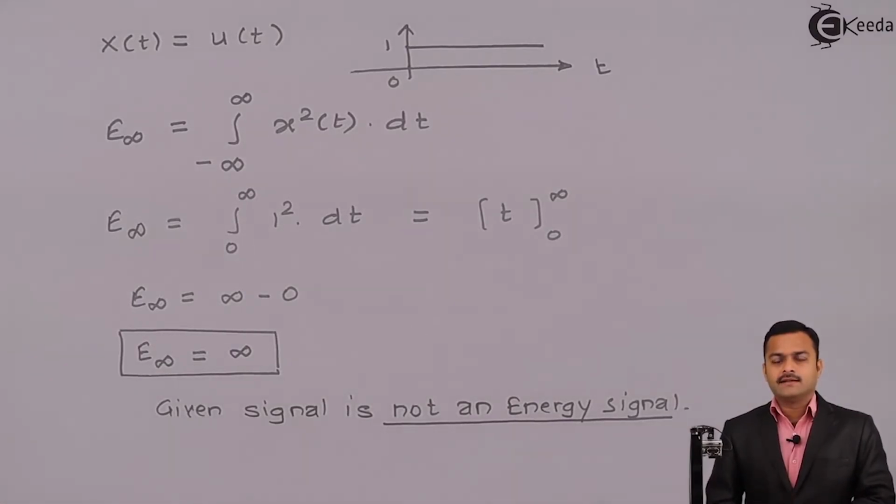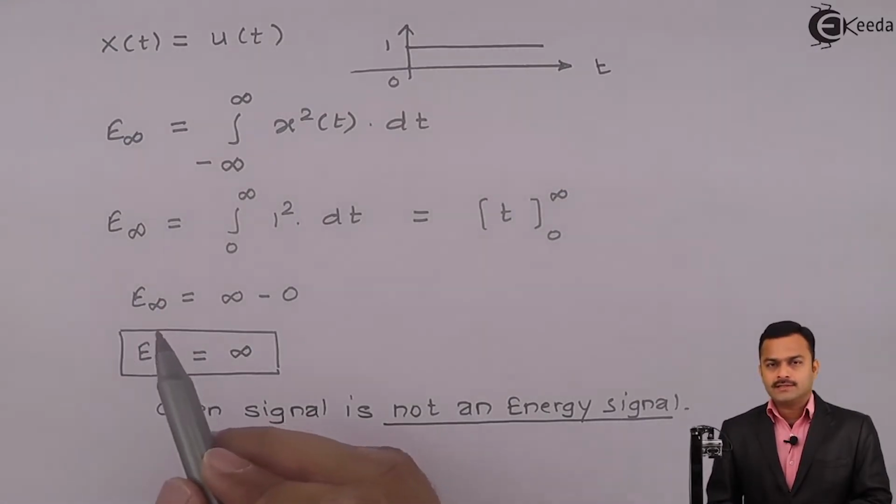Whenever we decide the given signal is not an energy signal, that does not mean the signal will be a power signal. We need to prove that power is finite in order to say the signal is a power signal. For that purpose, let's find out its power.